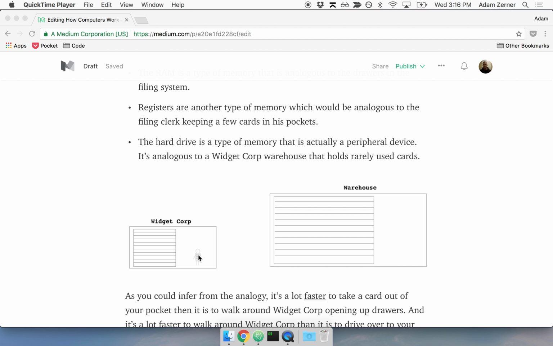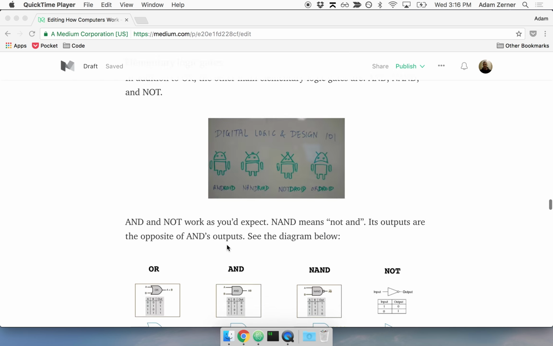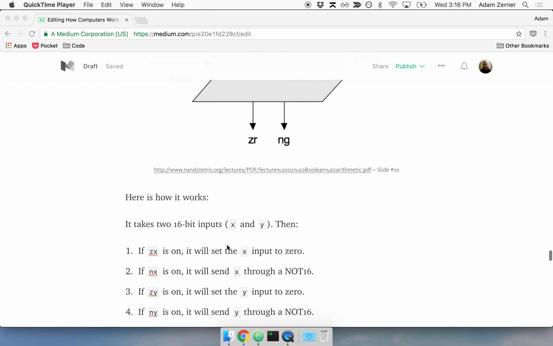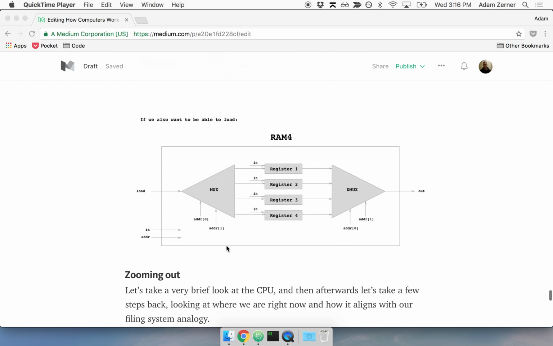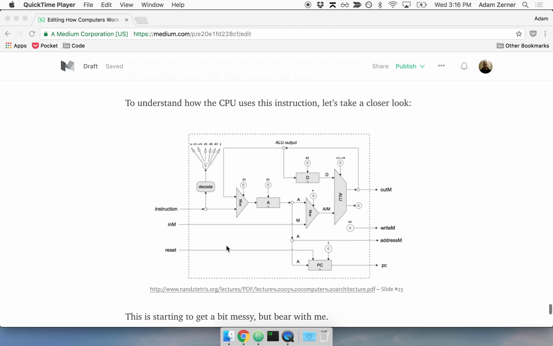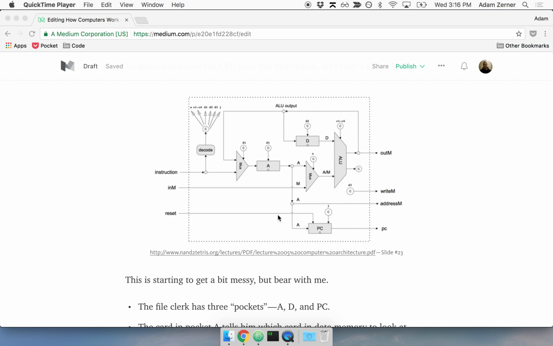So the CPU that we're building has three pockets, and those three pockets are registers A, D, and PC. So I'll show you that. A, D, and PC are the three pockets that store one card, let's say.